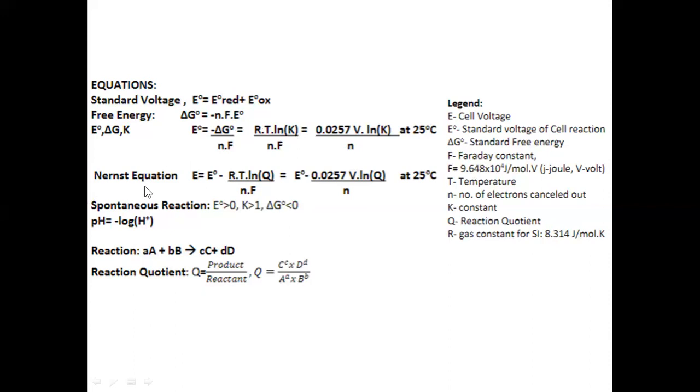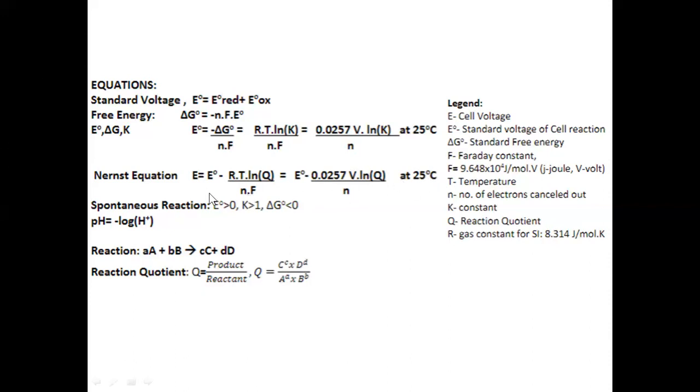Now let's proceed with the Nernst equation. The Nernst equation deals with the cell voltage E. The cell voltage E is equal to E naught, the standard voltage, minus the following fraction: the gas constant multiplied by the temperature in Kelvin times the natural logarithm of Q, the reaction quotient, which is unitless, all over the number of electrons that canceled out during the redox reaction multiplied by Faraday's constant.